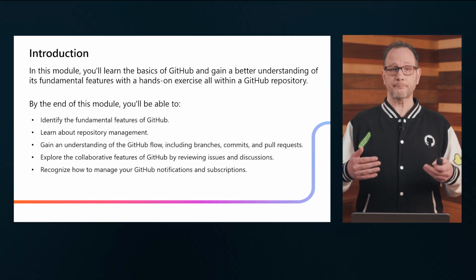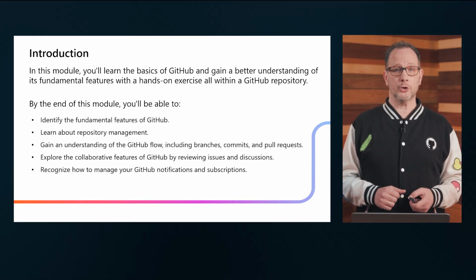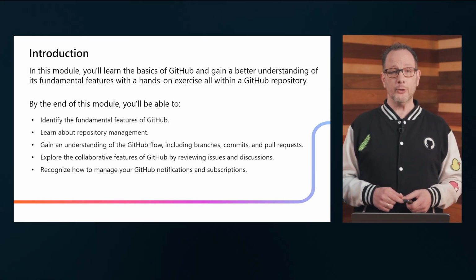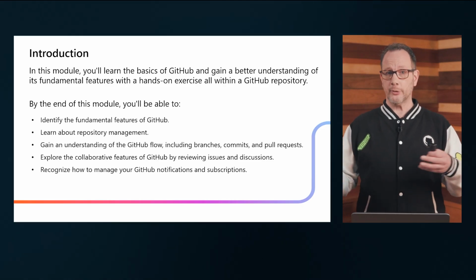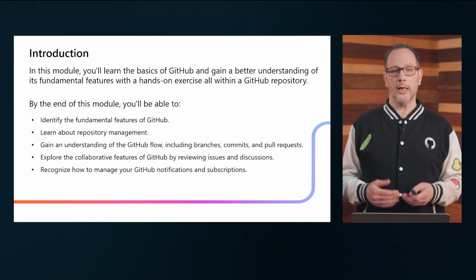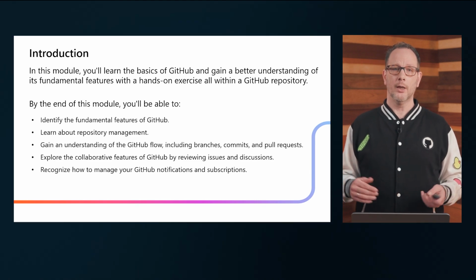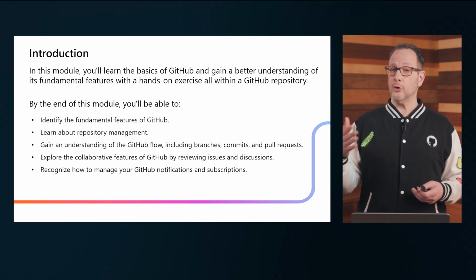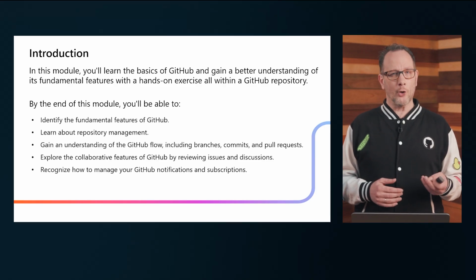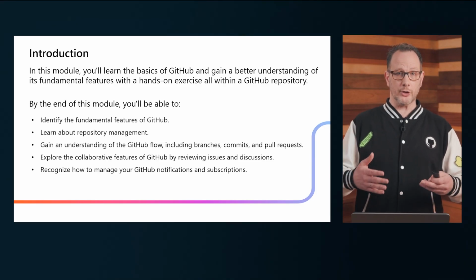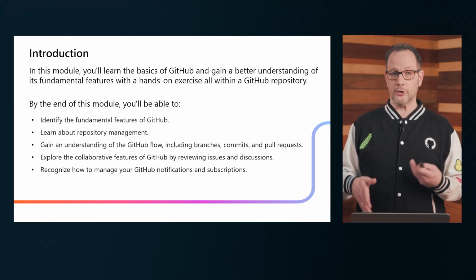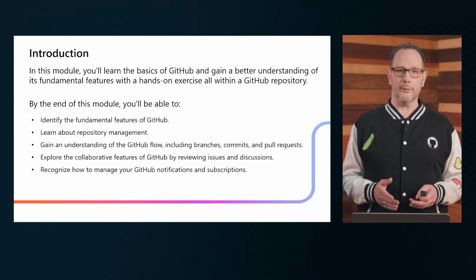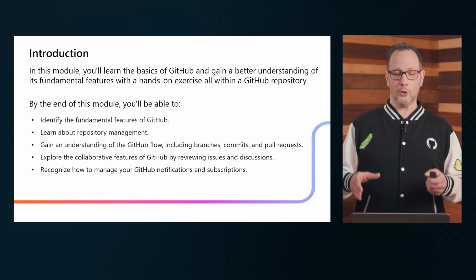You'll also learn how to navigate GitHub's collaboration features, including issues, notifications, and discussions, which help teams communicate effectively and keep work aligned. My goal is that when you finish this module, not only will you understand GitHub's features, you'll also appreciate the mindset and workflow that makes GitHub such a powerful environment for building software collaboratively.